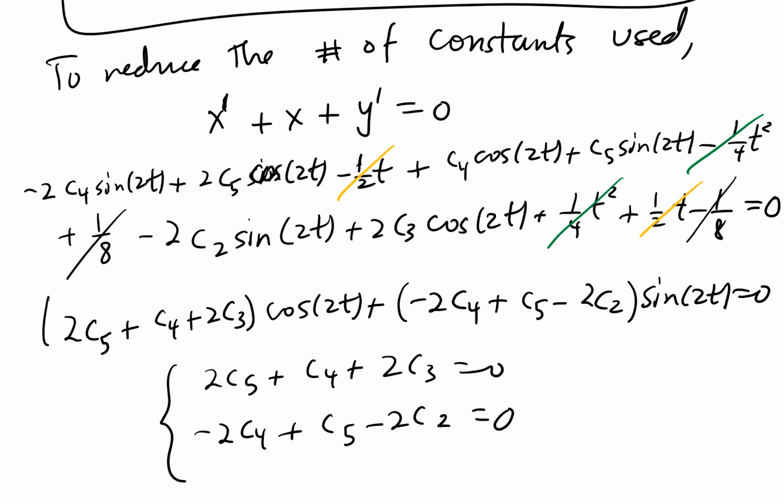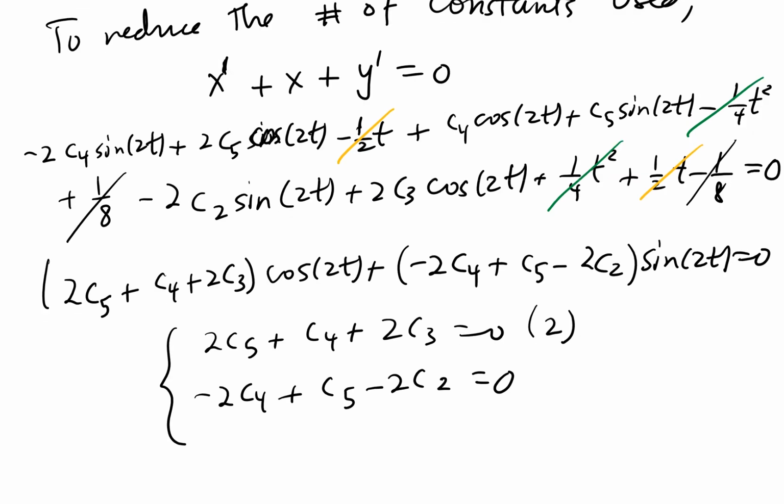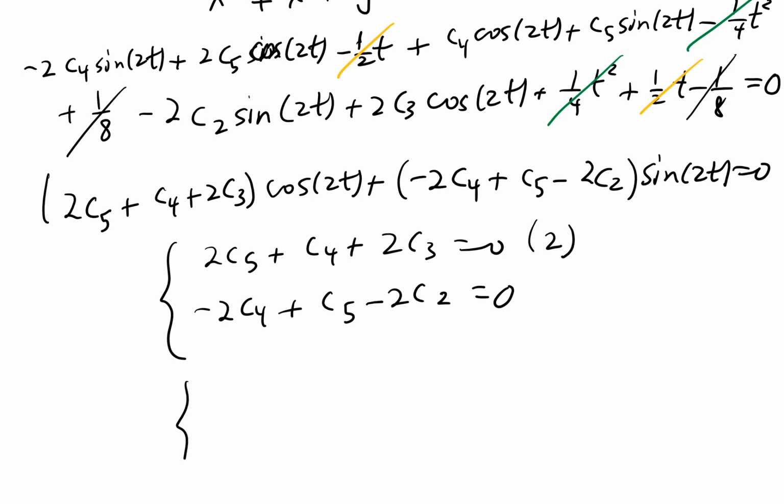And what I'm going to do is, if you look at what can be eliminated here, or what kind of relation we can get. Maybe I want to eliminate the c4, so multiply this by 2: 4c5, 2c4, 4c3 equals 0.